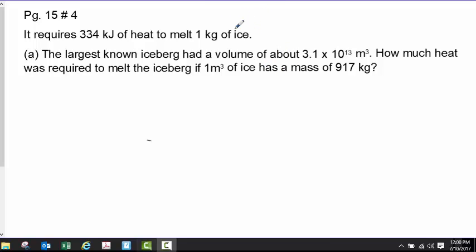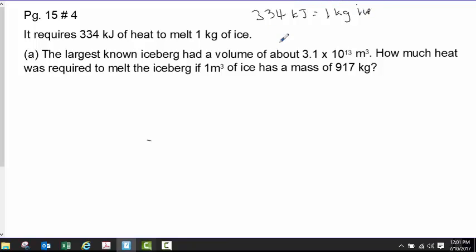I'm going to use a blue pen here for my conversion factors, and I'm going to write this like this: 334 kilojoules is equal to a kilogram of ice. Now I could take this statement and write it in two different ways.